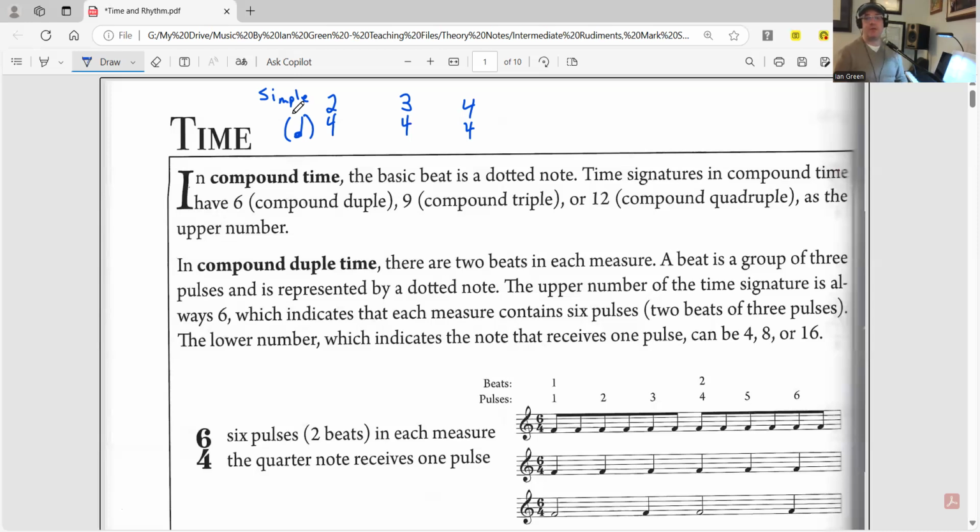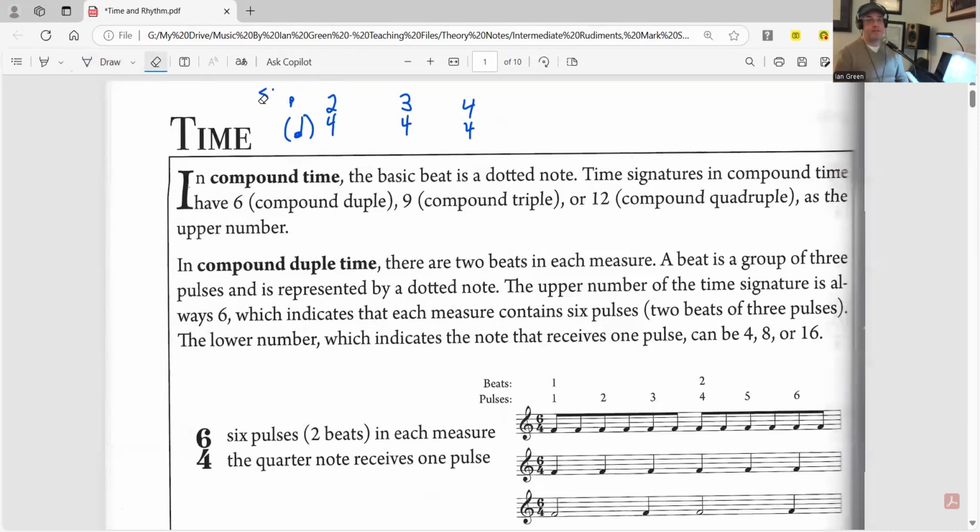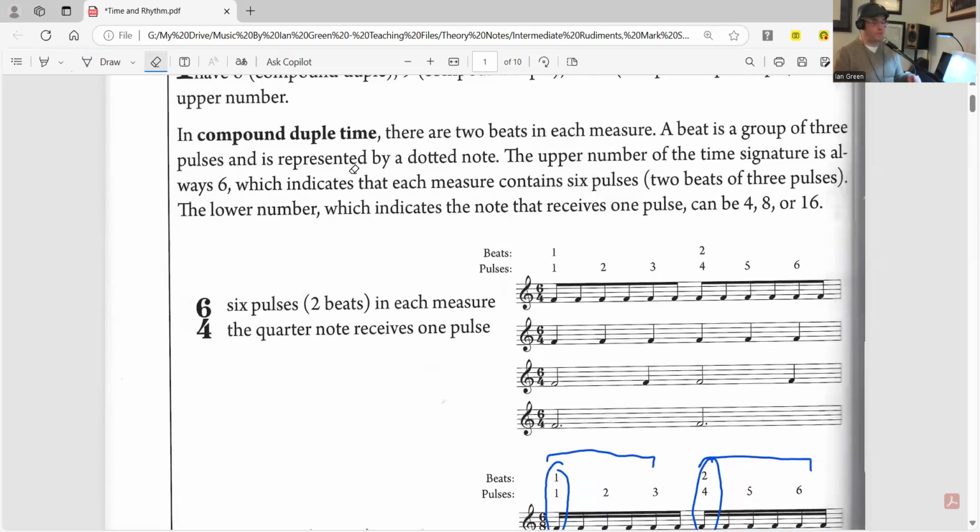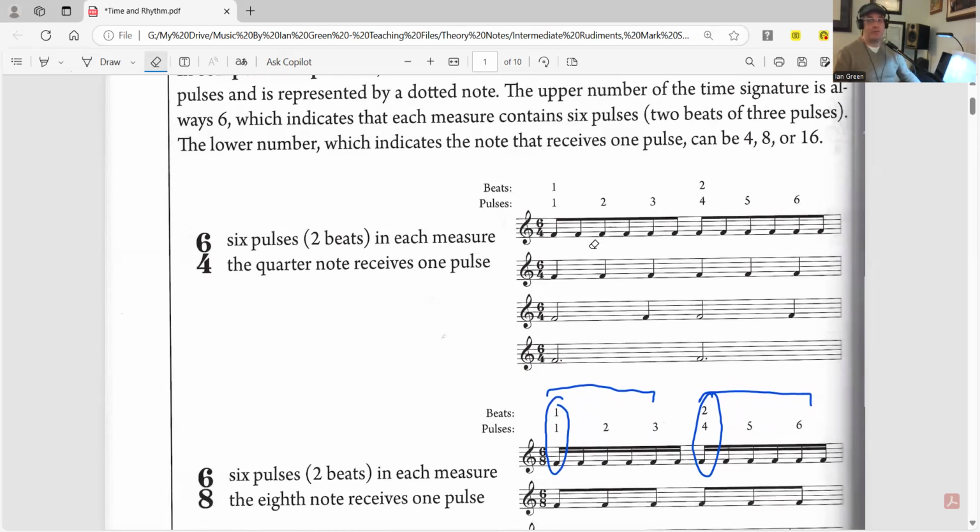Now, something that's interesting with compound time is that it's organized into groups of 3, and there are multiple different types of compound time, and we'll go through each of those together in more of an overview. Then we'll go into specific questions on how to answer these types of theory questions in another tutorial. Compound duple time basically means 2 groups of 3.